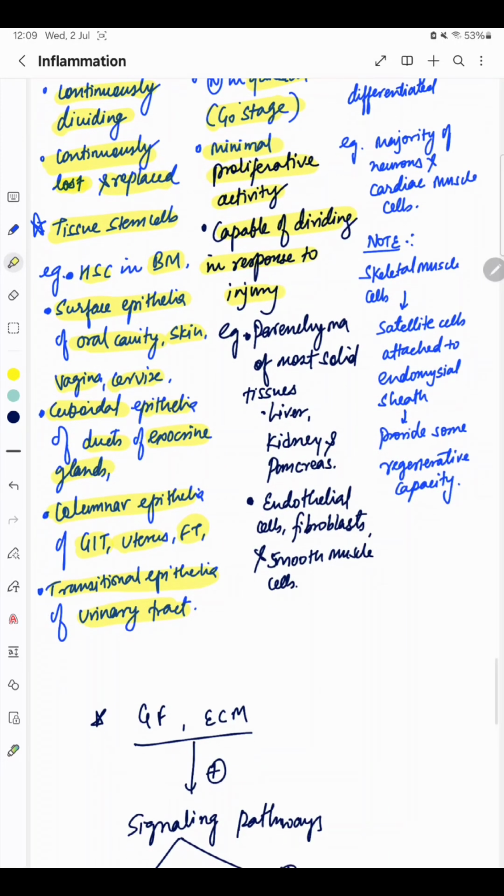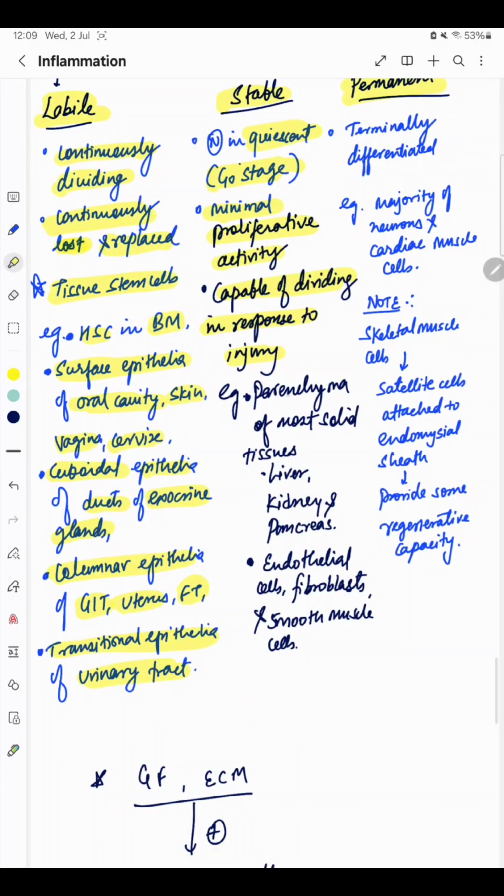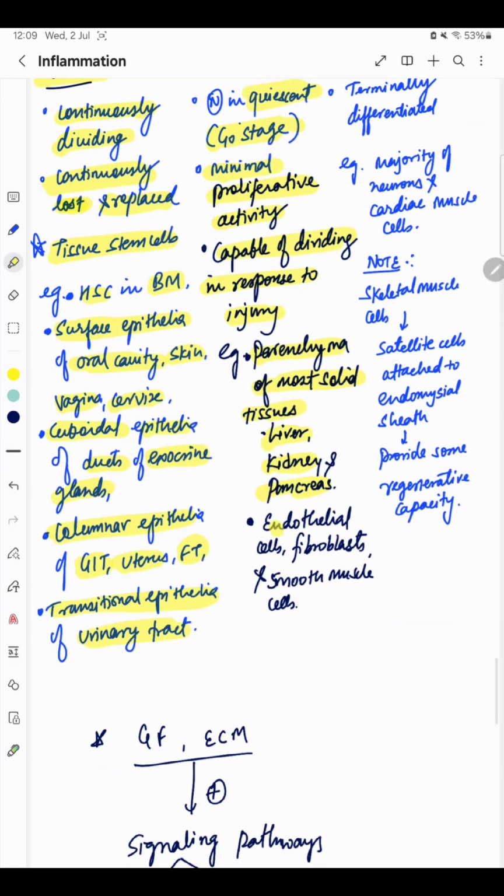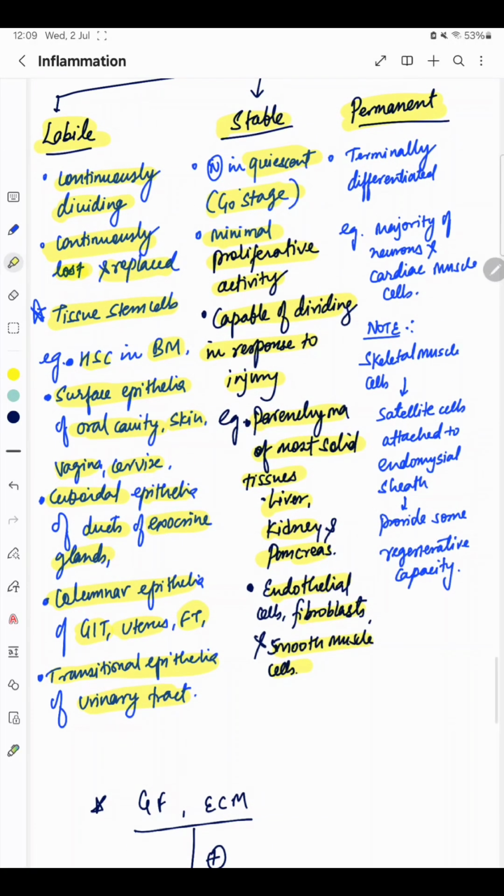Examples of the stable tissue are parenchyma of most solid organs like liver, kidney, pancreas, endothelial cells, fibroblasts, and smooth muscle cells.